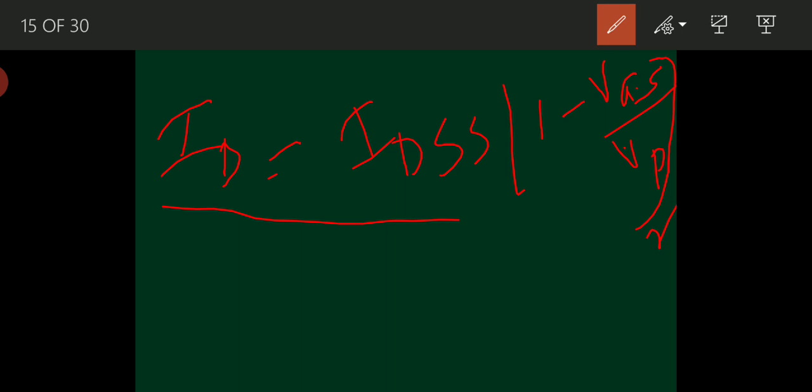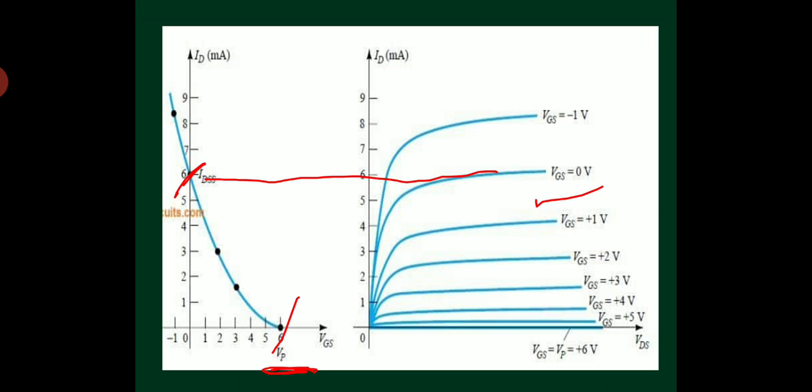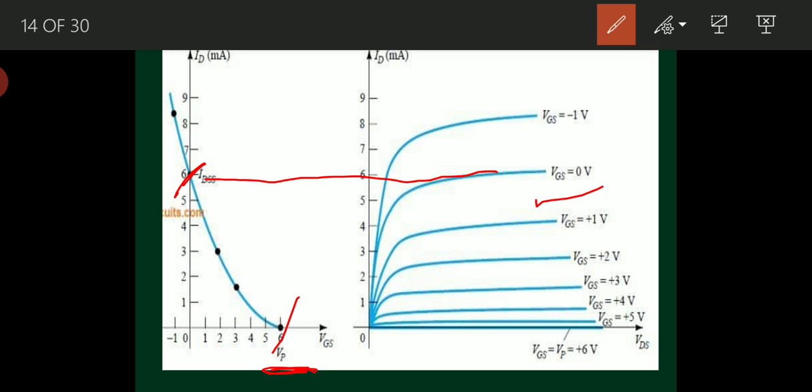When VGS equals VP, then ID equals 0. So we have to find ID for different values of VGS and join all the locus points to get the characteristic curve, the transfer curve.